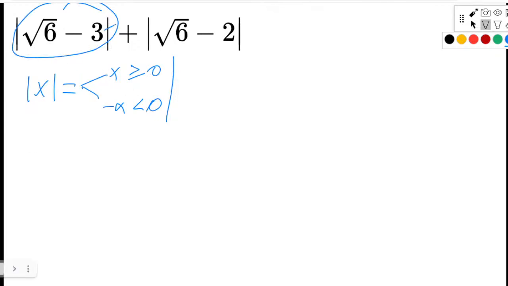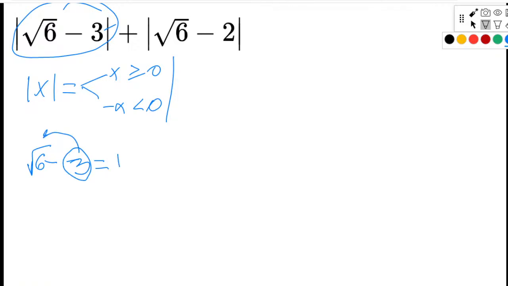So how do we compare square root of 6 and 3? To compare it, we need to know if when we do minus, it's more than 0, equals to 0, or less than 0. And when we do that, we just need to write this in such a form that would be similar to this.